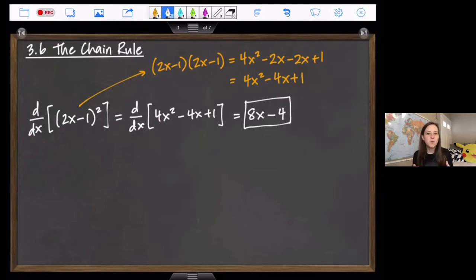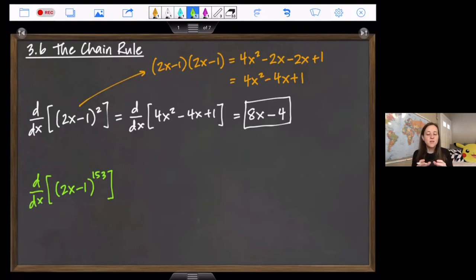But what we want to talk about now is, what if that exponent got sort of prohibitive? What if, instead of being squared, we needed to take the derivative of 2x minus 1 to the 153rd power? We would all be old people by the time we got done FOILing out 2x minus 1 153 times. So the chain rule gives us a way to take the derivative of something like this without having to do a bunch of algebra.